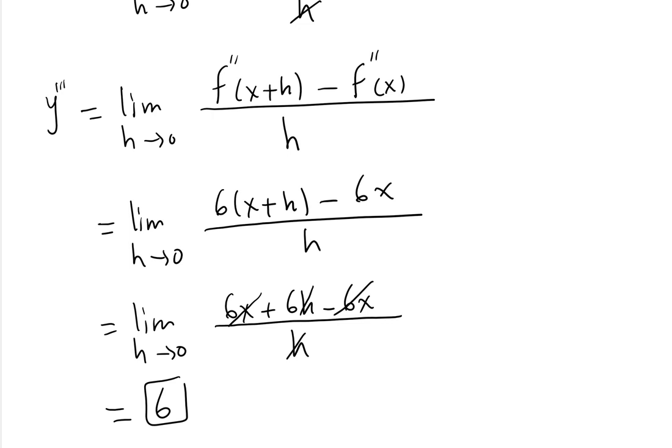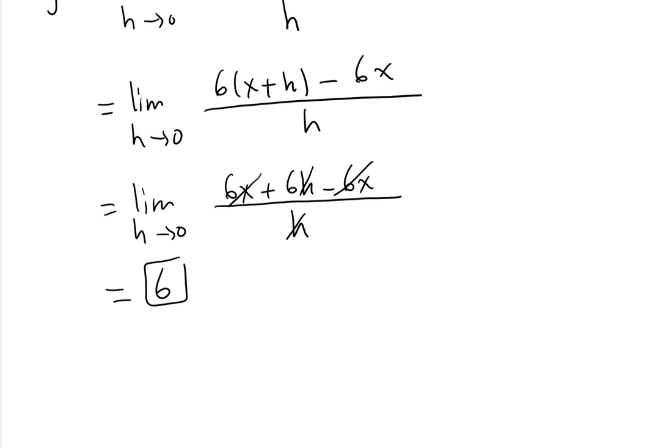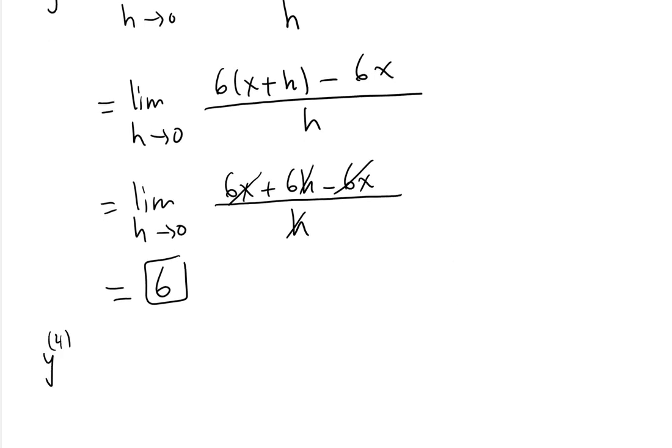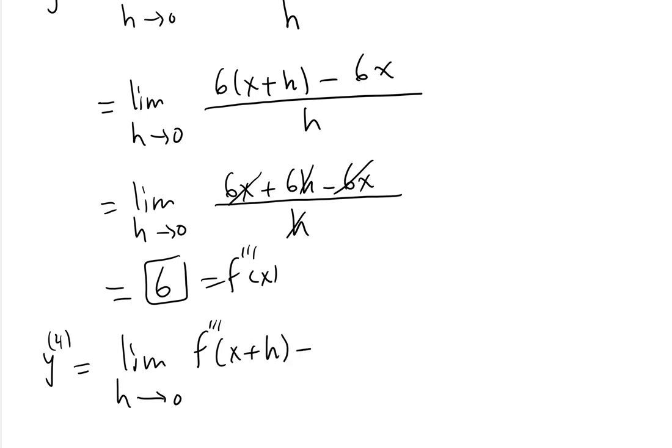Now we are going to find the fourth derivative. So this is the third derivative here. Again, limit as h goes to 0 of the third derivative of x plus h minus the third derivative of x all over h.